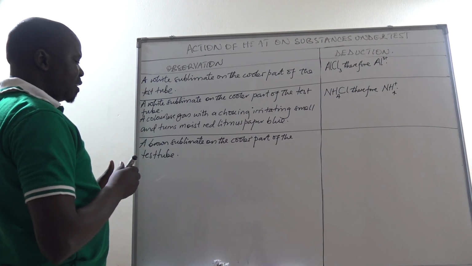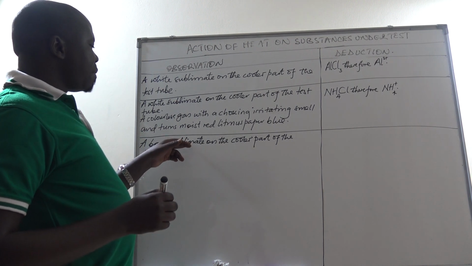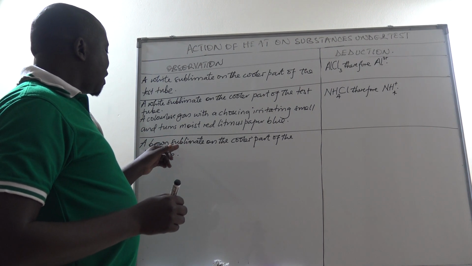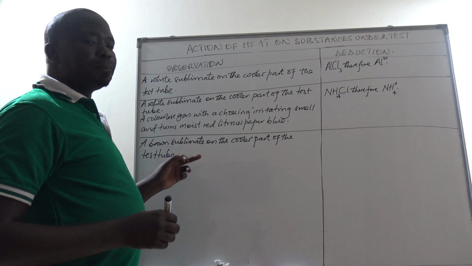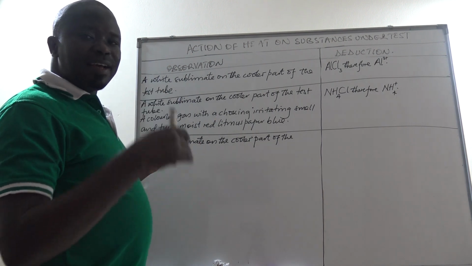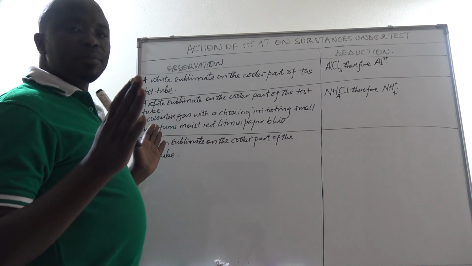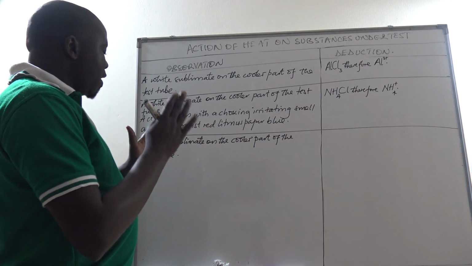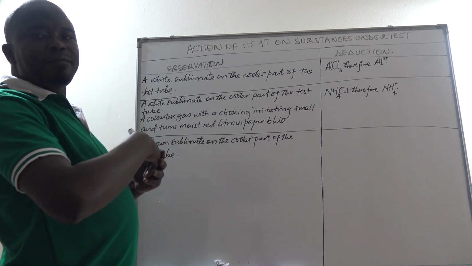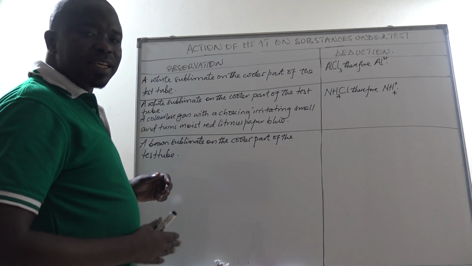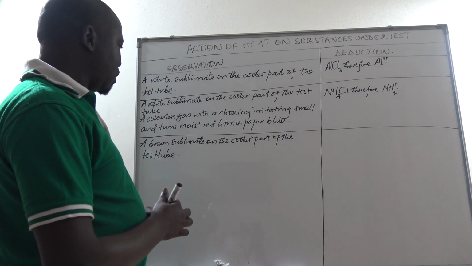But we should also remember that iron 3 chloride in this case, which is formed as a brown sublimate, is also highly deliquescent. It becomes wet. When you leave it standing for a short time, it becomes wet and finally turns into a brown solution.